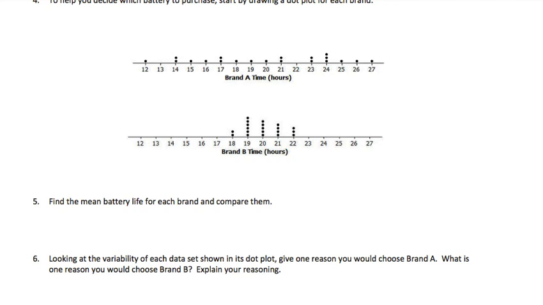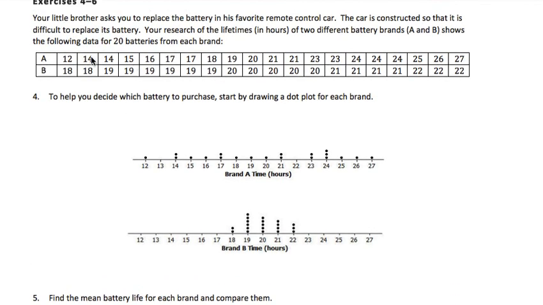Remember, to find the mean, we add together all of the data and then divide by the number of pieces of data that we have, which is 20. So we add these all up in brand A, divide by 20, and we find that the mean is 20 hours. And then for brand B, we do the same thing. Add them up, divide by 20, and we also find that the mean is 20 hours.